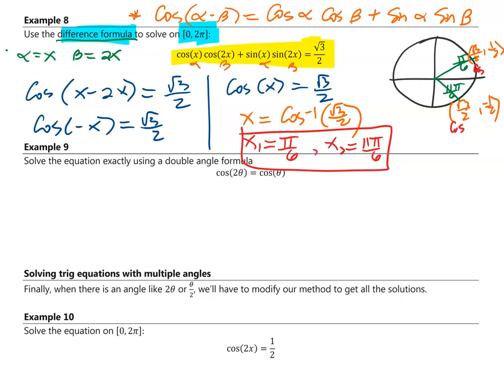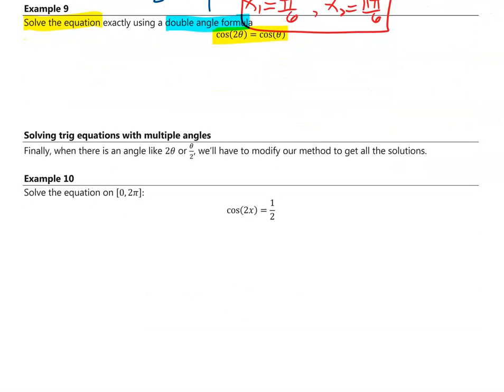Next, example number 9. Solve the equation exactly using the double angle formula given cosine 2 theta is equal to cosine theta. Using the double angle formula, recall that cosine 2 theta is equal to 2 cosine squared theta minus 1 and equals cosine theta.